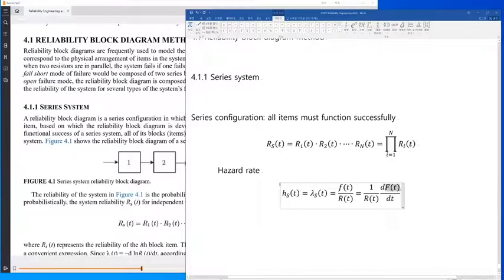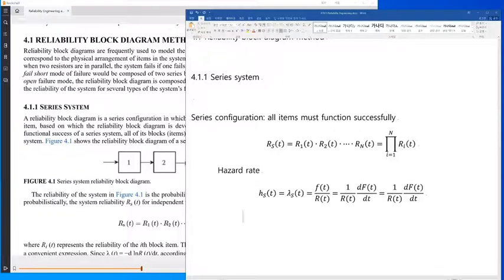I hope you remember that the reliability R(t) is given as 1 minus the cumulative distribution function.